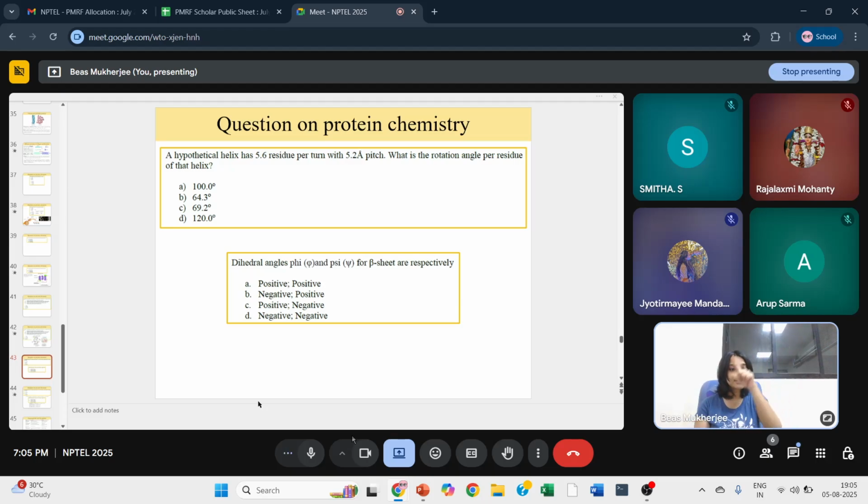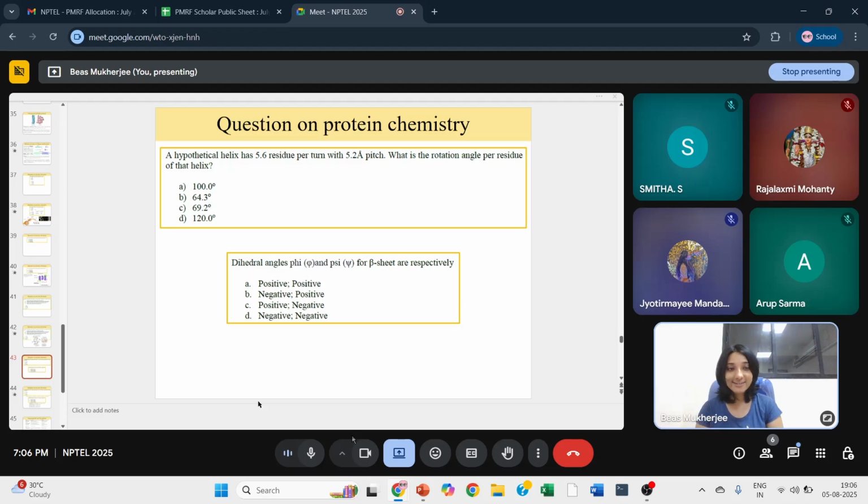Pitch is actually, let's say this is the turn, the distance between one turn and another turn, that is the pitch, right? You know pitch possibly from the DNA double helix structure of Watson and Crick, right? There also we had pitch. Here also pitch comes in. Okay, so what is the rotation angle per residue of that helix?